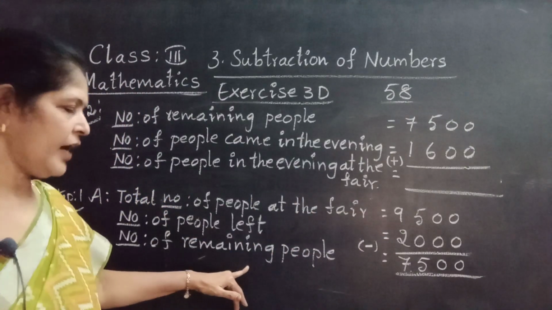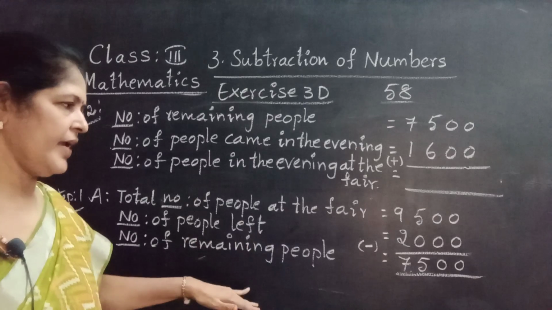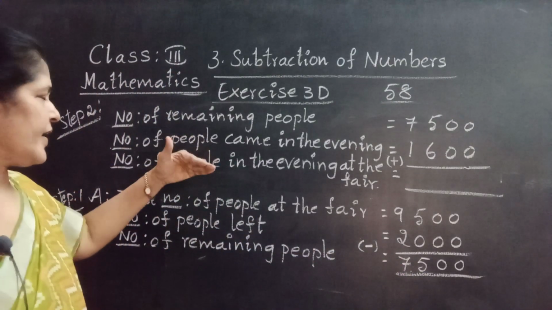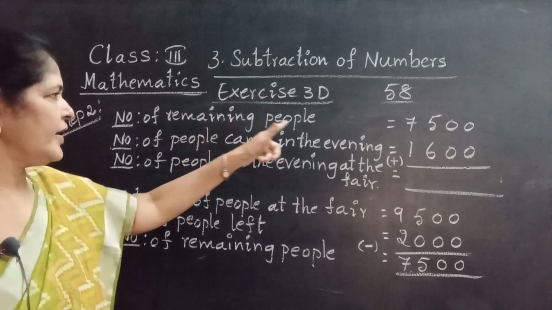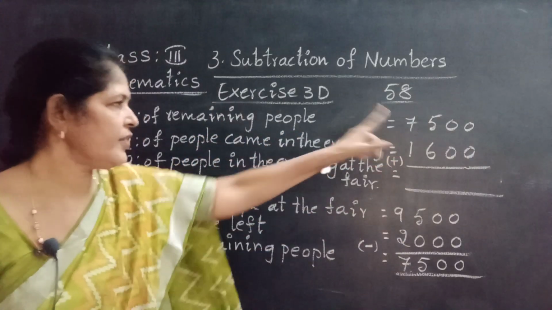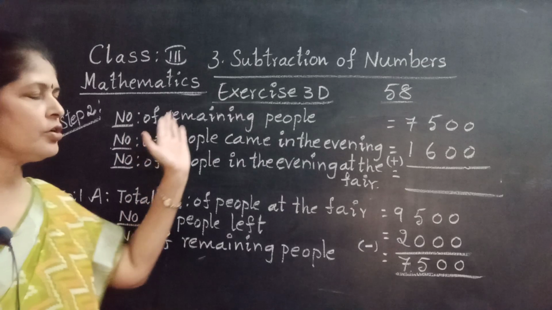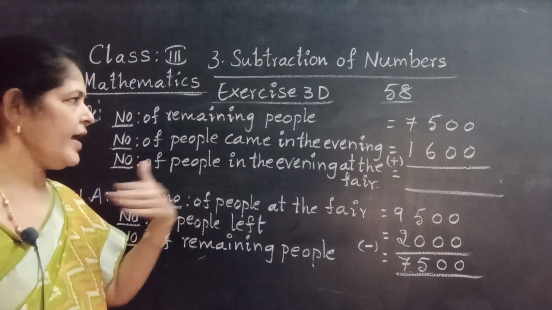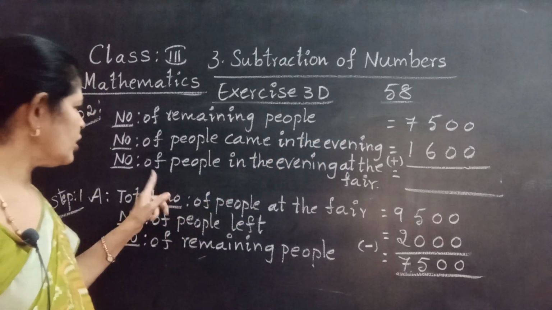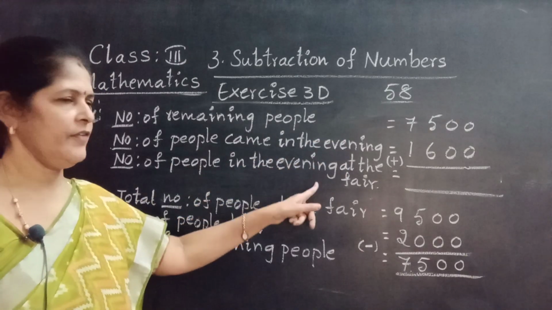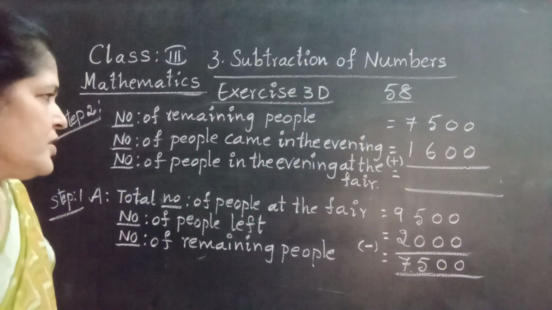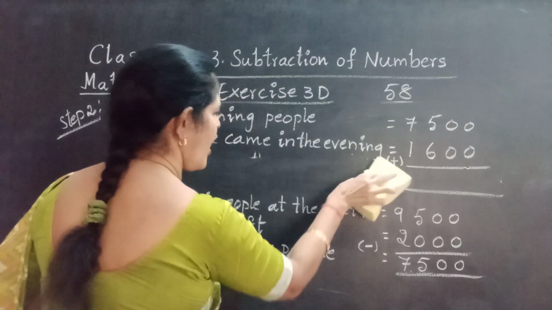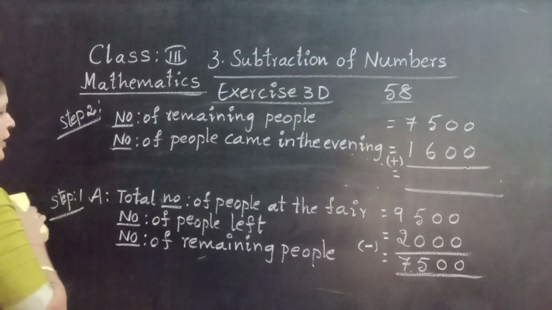Number of people remaining, 7,500. This is the second step. Number of remaining people 7,500. Again 1,600 people joined. That means they came in the evening. Total number of people in the evening. Write like that also, no problem. That is a short one. We follow that one only.